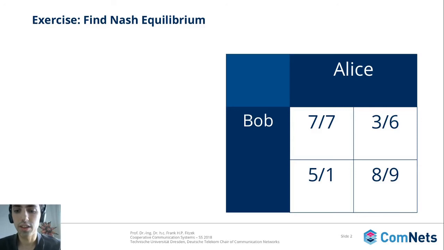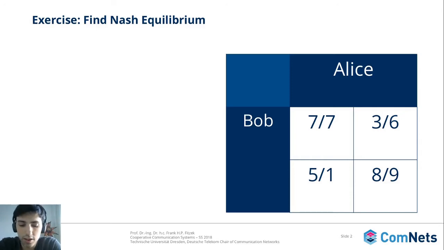Okay. So in the first exercise we had defined the Nash Equilibrium. Remember, I sent you the PDF with the exercises and also the tasks and the solutions. So in this video we are going to solve the exercises. We had Bob and Alice.